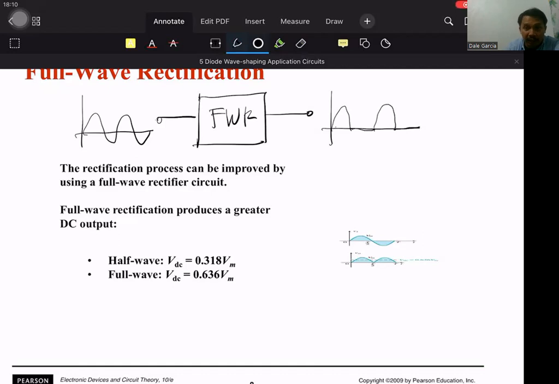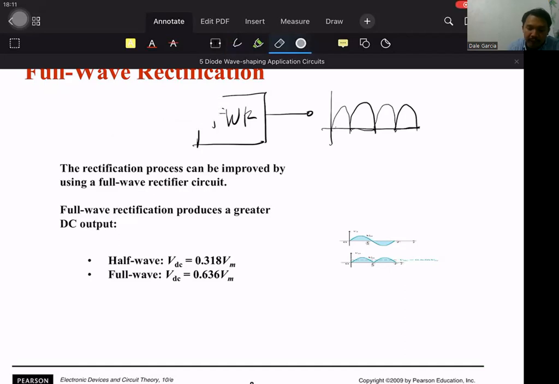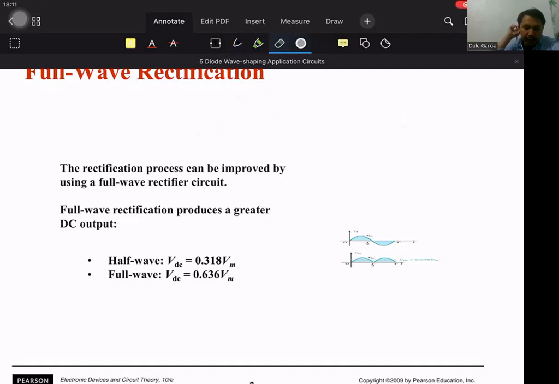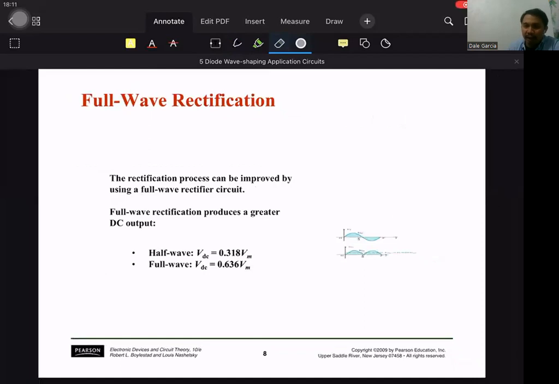It doesn't just pass through, it isn't suppressed; it passes through as if the signal were positive. So that is the output of the full wave rectifier. It passes through all cycles of the signal, and in a sense flips the negative half cycle into a positive direction. So in a nutshell, that's how full wave rectifiers work.